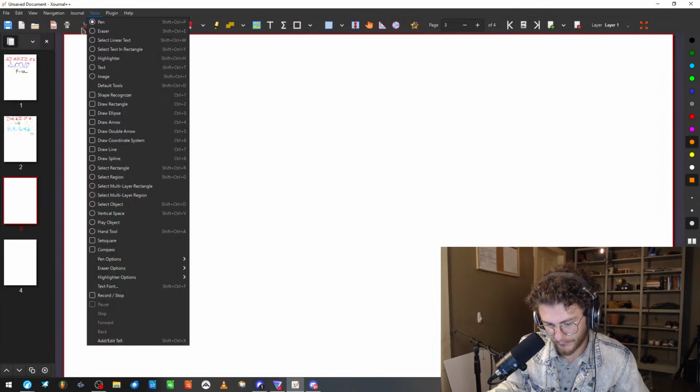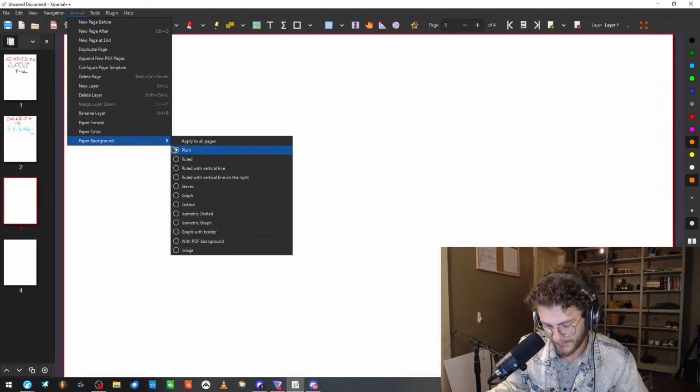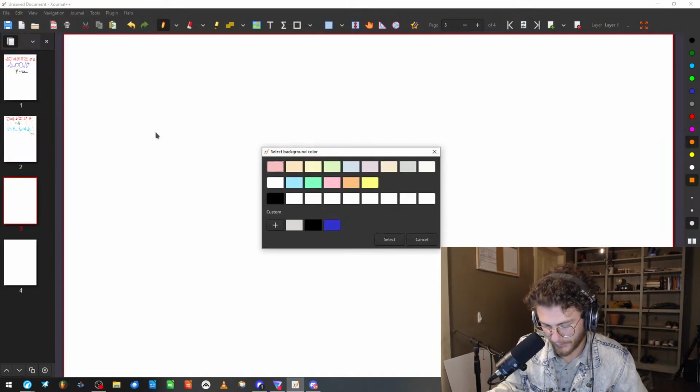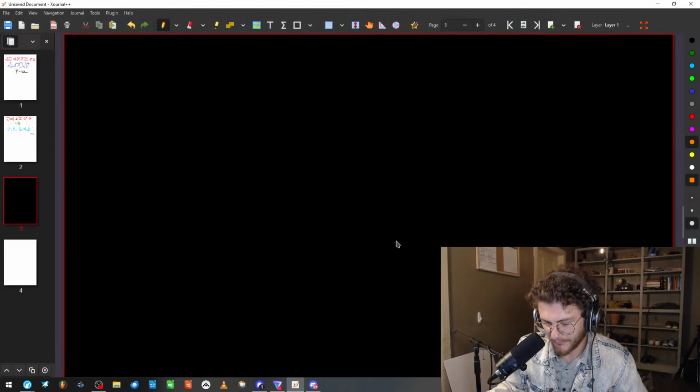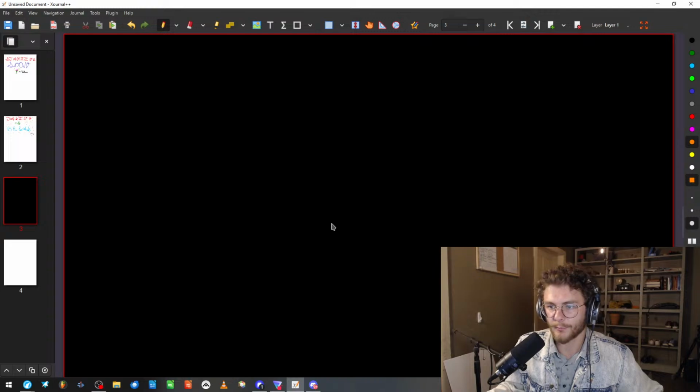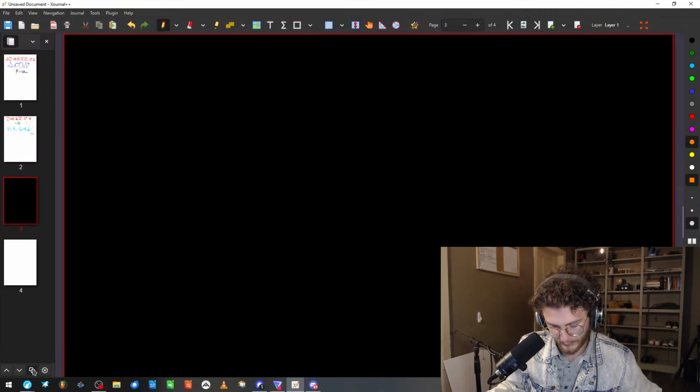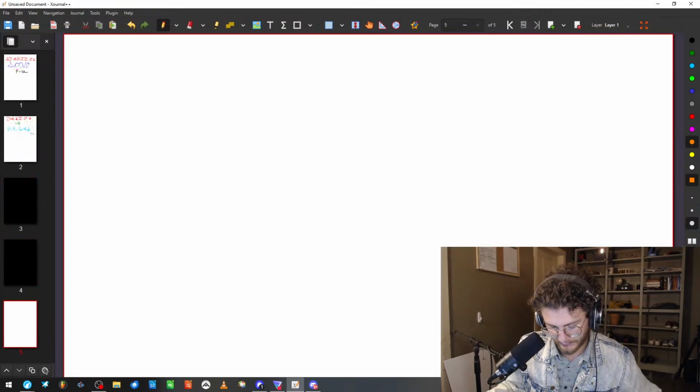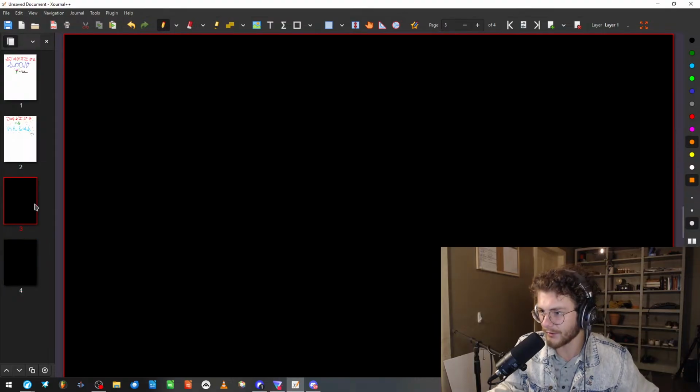So we're going to go ahead and go to Journal, Paper background, apply. We're gonna do a paper color. Let's go to black and just sit in the dark mode. Dark mode's really fun. We're gonna switch to dark mode, guys. Look at the dark. Mathematical after dark.